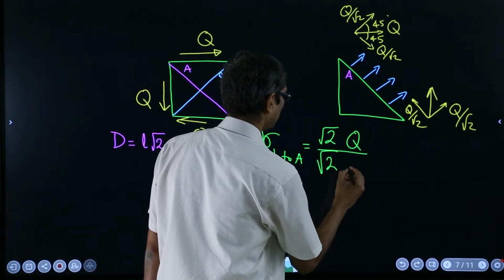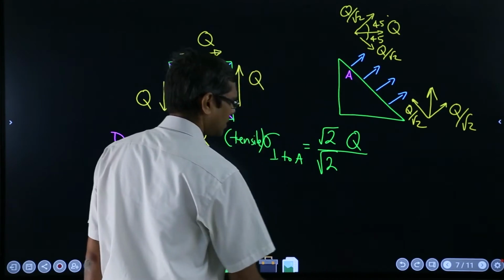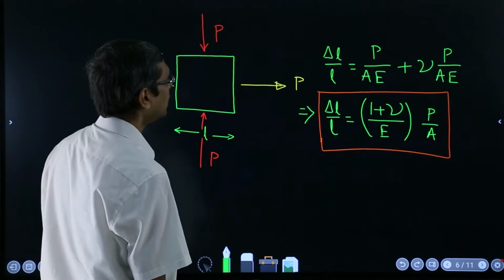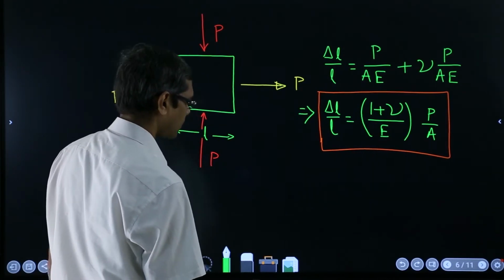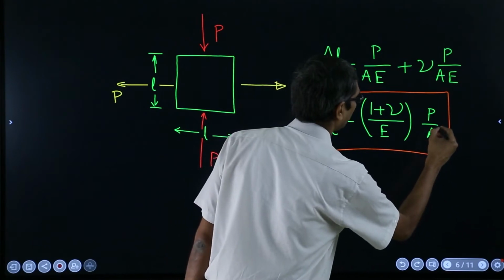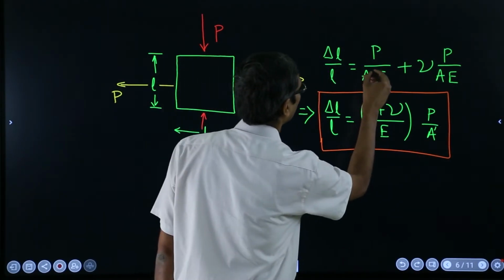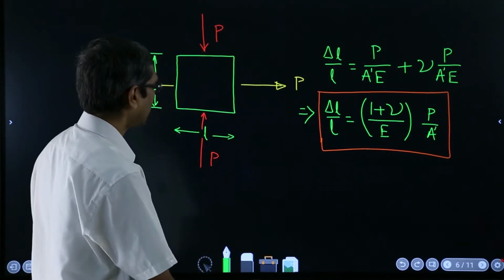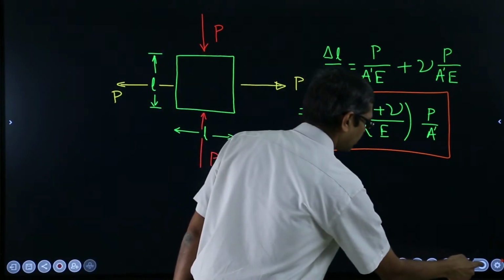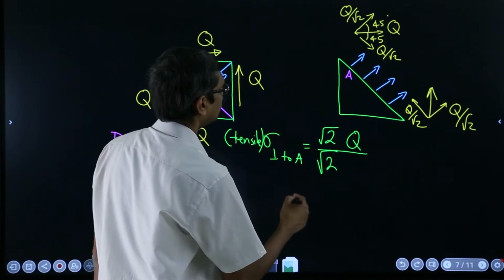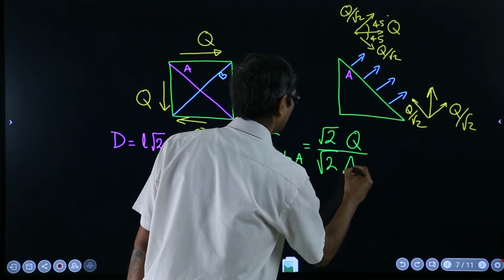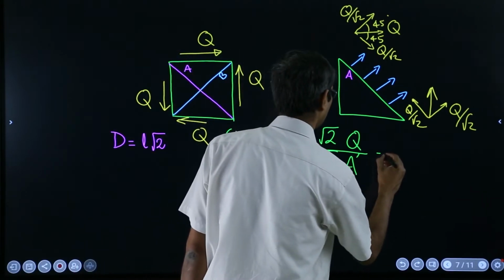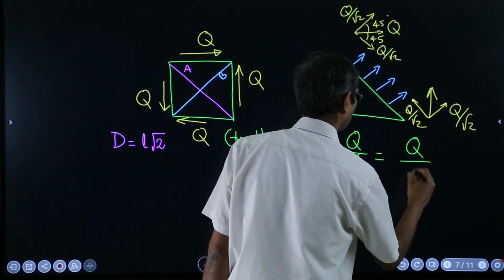This A I am using for many things, so it's actually confusing. So, A prime is the area, so that there is no confusion with the diagonal which I have named later on to be A. So, now this will be root 2 times A prime, which is nothing but again Q over A prime.